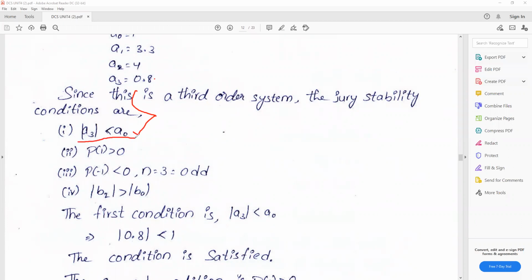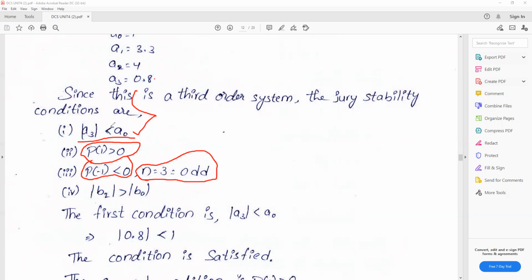The second condition is P of 1 is greater than 0. And the third condition is P of minus 1 is less than 0, if N is an odd number. N equal to 3 is an odd number.